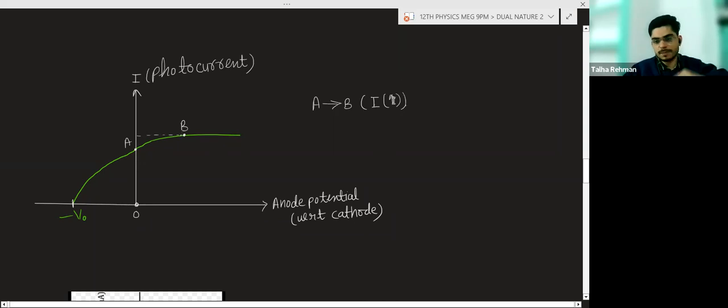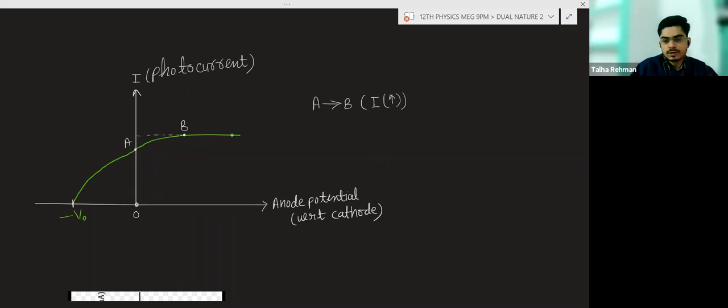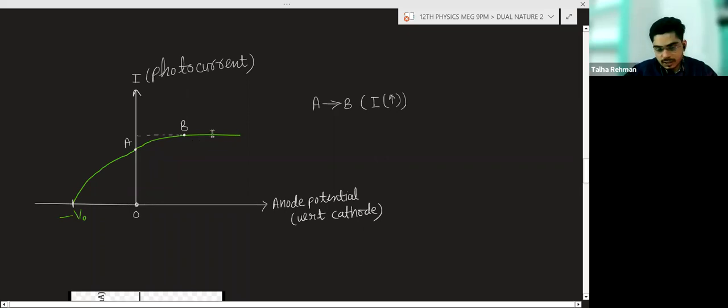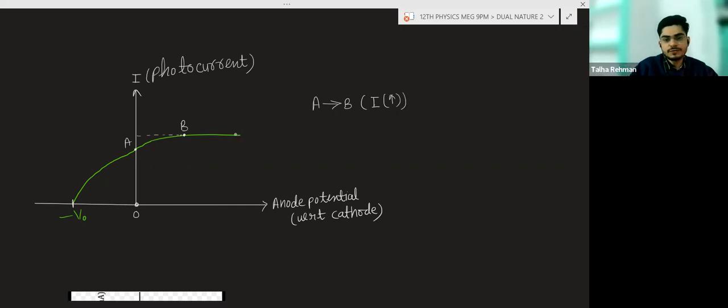This upper arrow is representing increasing, and after a certain time the photocurrent will become constant. So you can write after B, photocurrent constant.